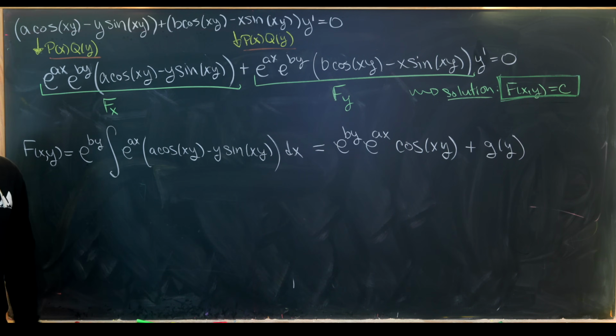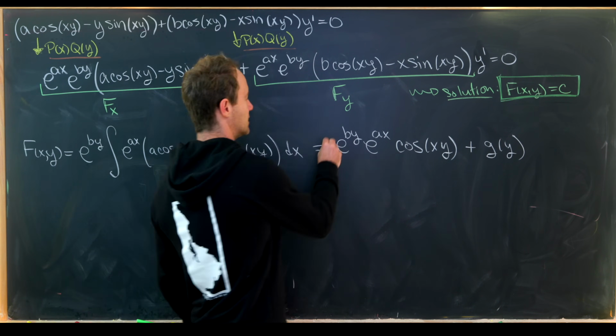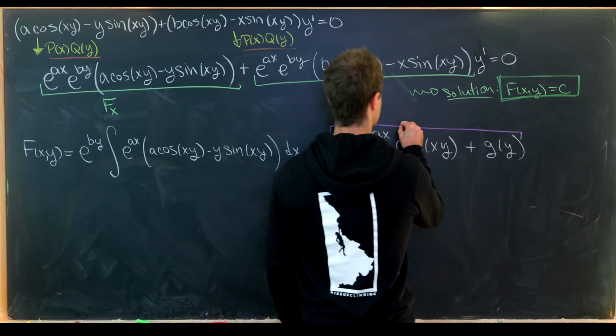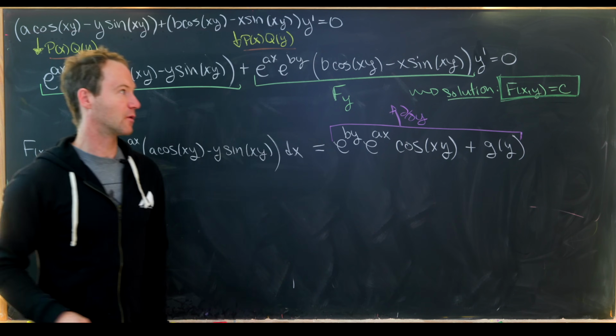Now we need to figure out what that function is with respect to y, and we do that by completing the loop. So we take the partial of this with respect to y and compare what we get.